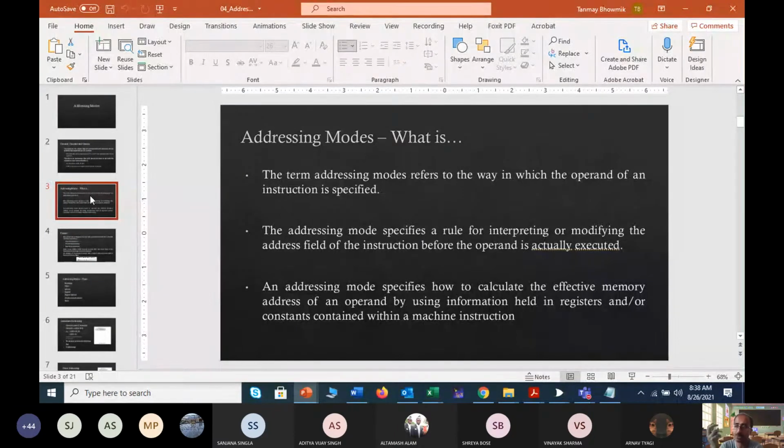Whenever your operand is stored into another location, its effective memory address is modified, updated; it finds a new location.